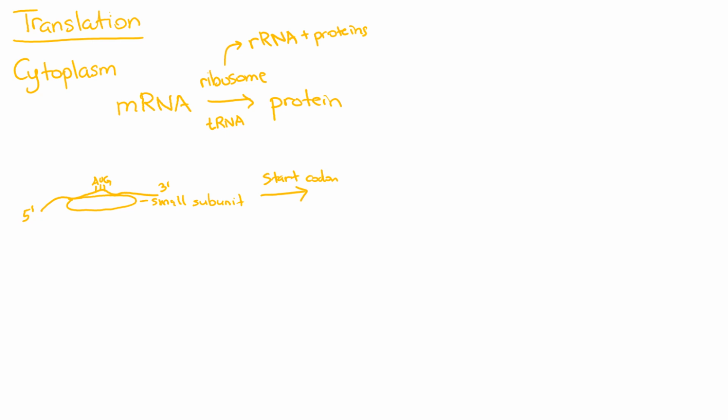Then with the help of everything else, we have the small subunit, we have the large subunit, and then we have the tRNA attaching to the codon there. And then we have another, I'm going to draw this one bigger, tRNA with another amino acid.